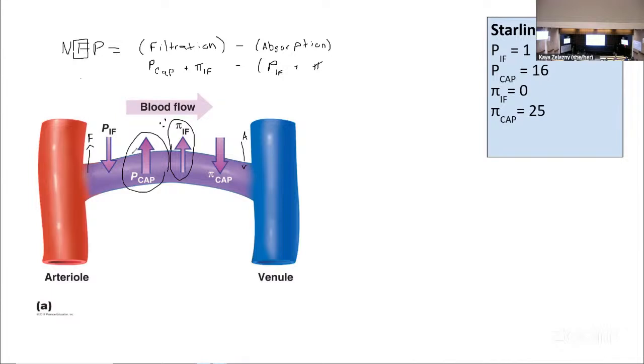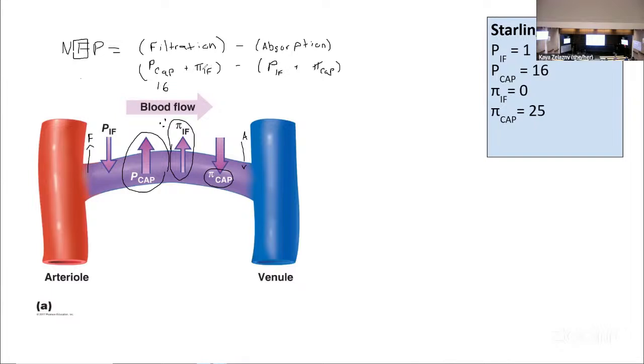We also have a force for absorption coming from proteins dissolved in the blood in the capillary. They stay there, so they exert an osmotic, oncotic pull. They have an osmotic oncotic pressure inside the capillary, so they're pulling water towards themselves. From here, we can just fill this out. Our pressure in the capillary, the hydrostatic pressure, is 16.